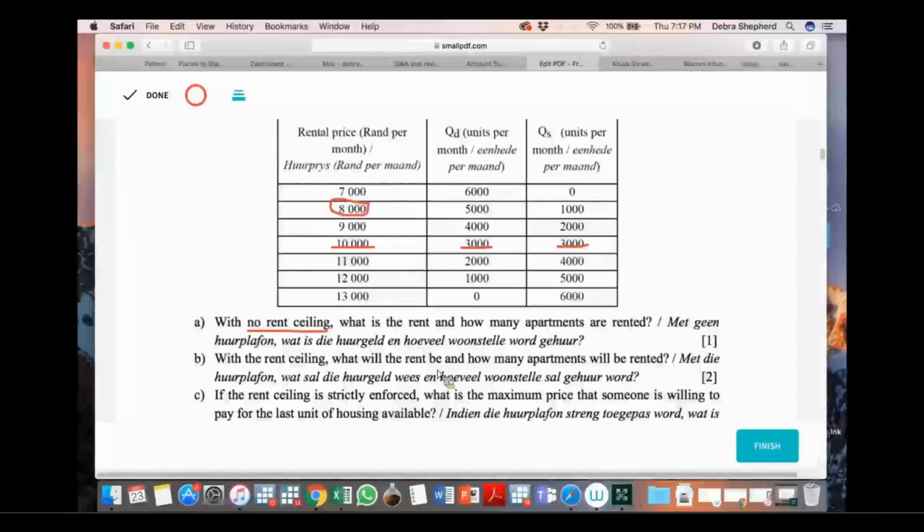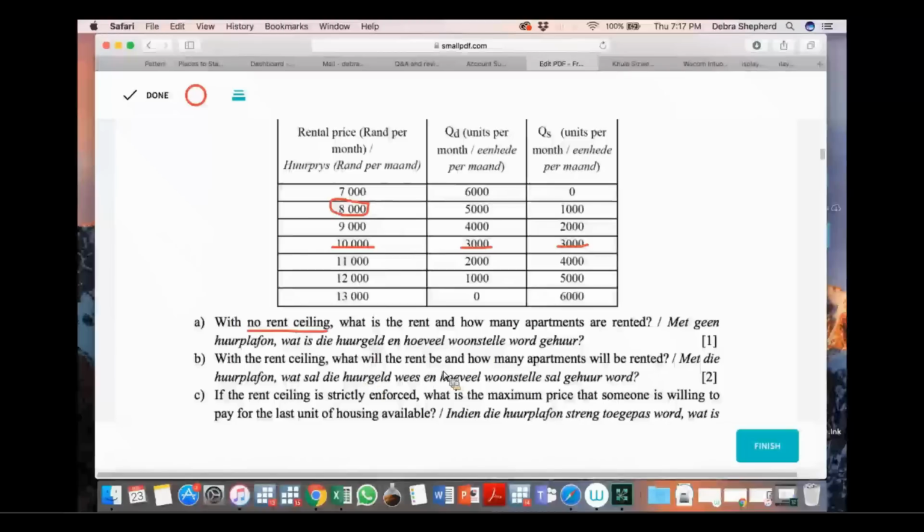This is because it might be the case that the rent ceiling is non-binding. So if I told you that the rent ceiling was 12,000 Rand a month, that would make it non-binding because it's above equilibrium. So then it wouldn't be 12,000 Rand, it would actually be 10,000 Rand because the market would move back to equilibrium. In this case, it is binding because 8,000 Rand is less than 10,000 Rand.